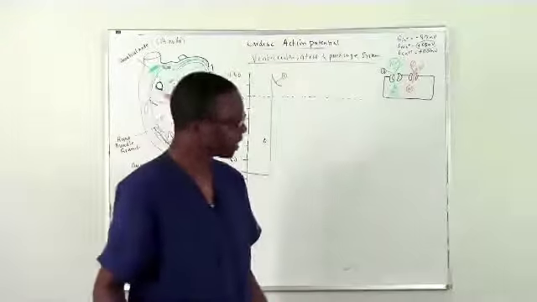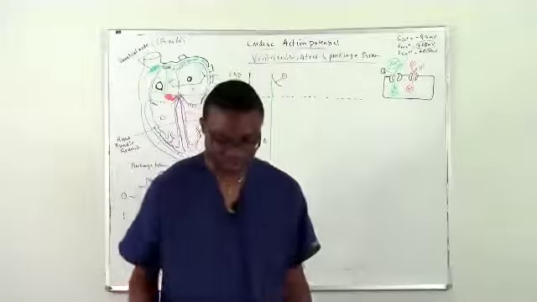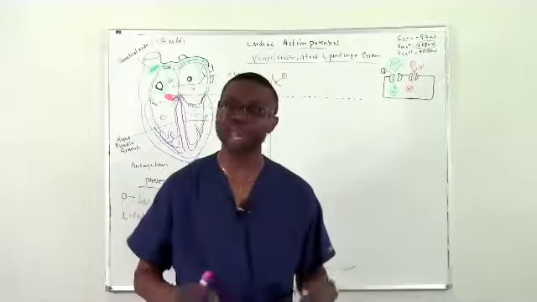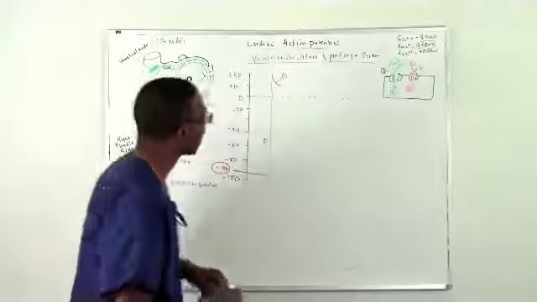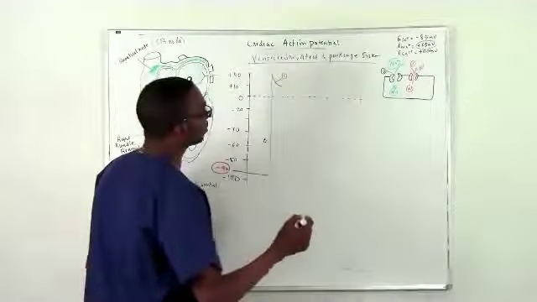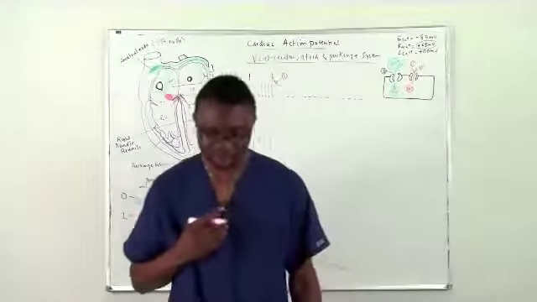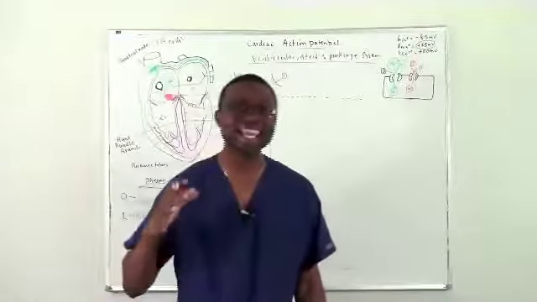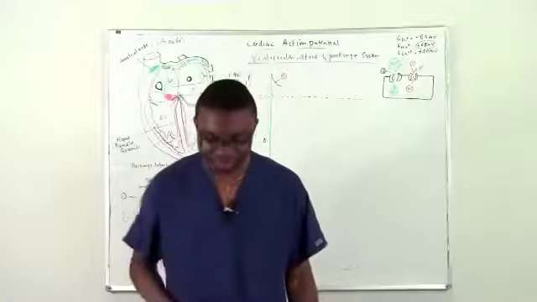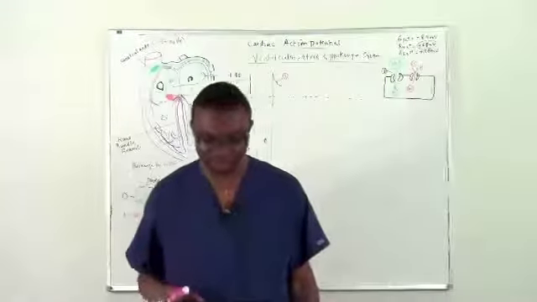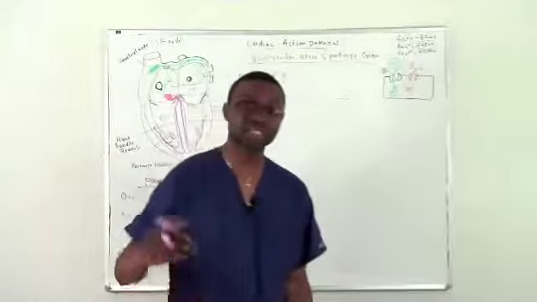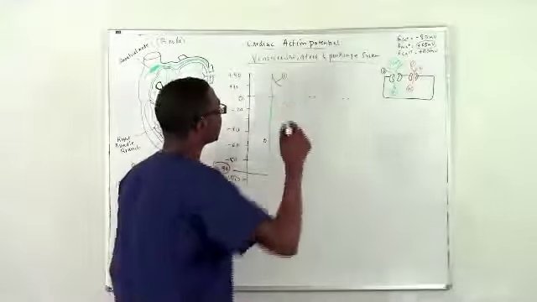And then we go to phase 2. Phase 2 now involves the plateau of the action potential. The plateau of the action potential at this point is caused by a transient increase in calcium conductance, which is going to result in an inward flow of calcium. So let's take a look.